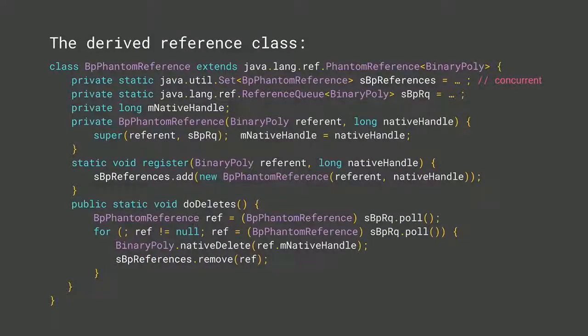At some point, every once in a while, I actually need to arrange that everything that's on the reference queue gets deleted. And I've done that here by providing a method, doDeletes, which just checks whether there's anything available for deletion, and if so, it goes ahead and deletes that. In other contexts, you may want to do this differently.